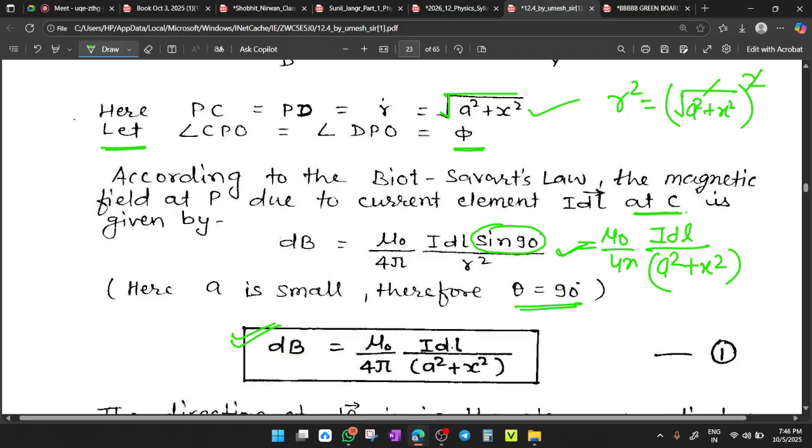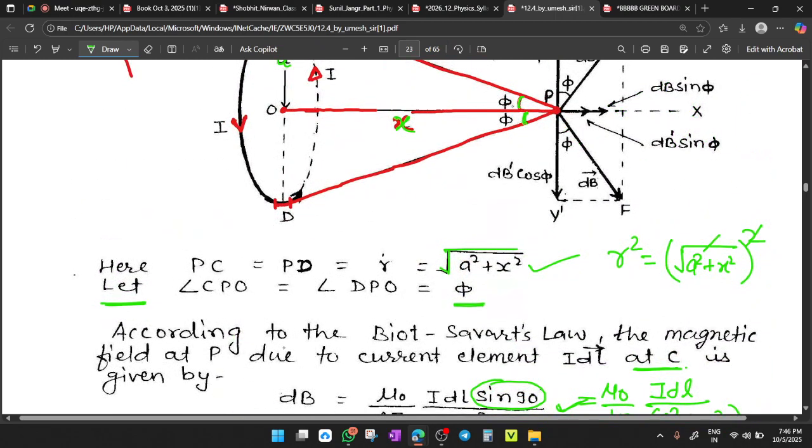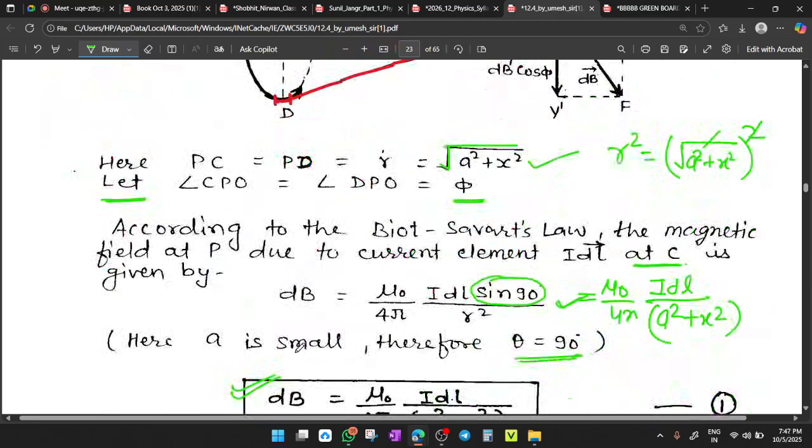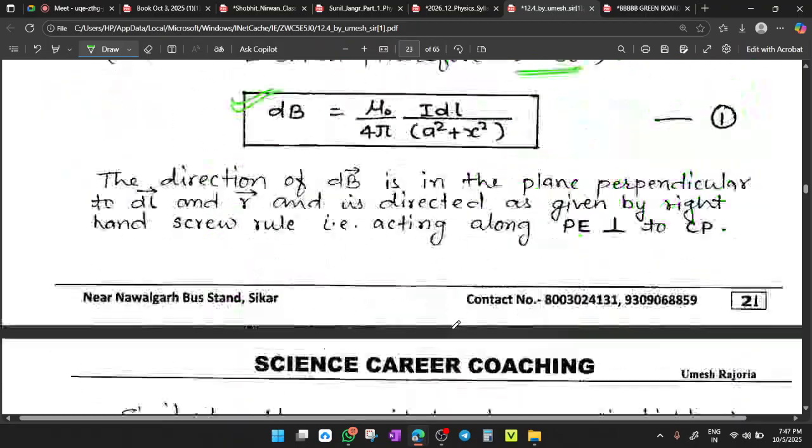According to the Biot-Savart law, the magnetic field at point P due to the current element at C is given by this. So this is the magnetic field dB at point P because of this element C. Clear, beta? Now, this is dB.